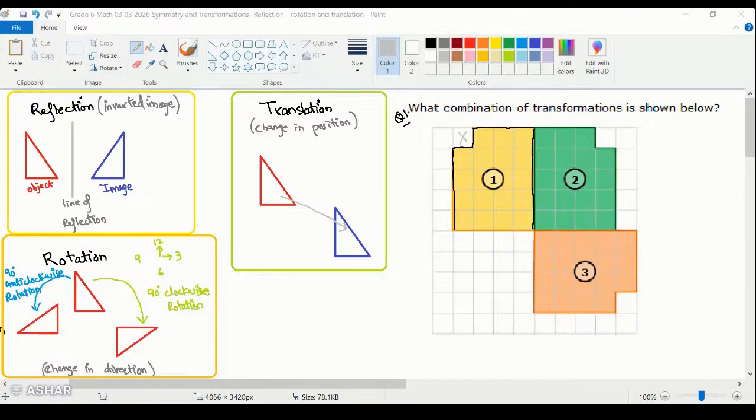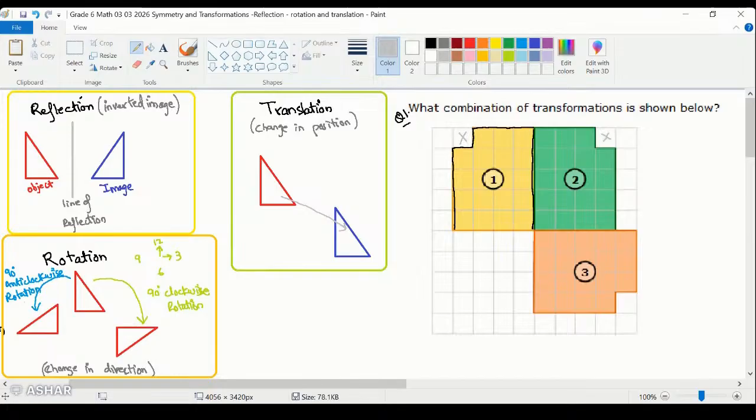So now what we can do is, this missing box, we can see it over here, right?